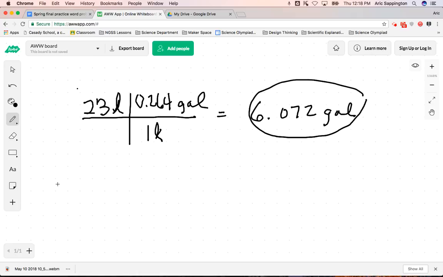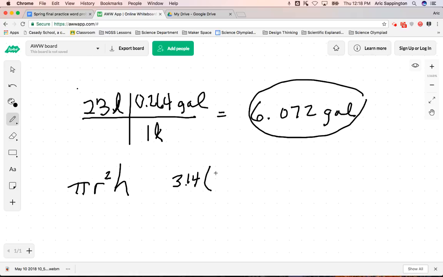And then finally, calculate the volume of a cylinder with a diameter of 45 centimeters and a height of 56. So we're going to use our equation pi r squared h, and that's to find the volume of a cylinder. Pi is 3.14.